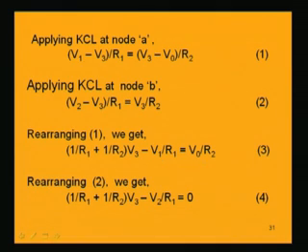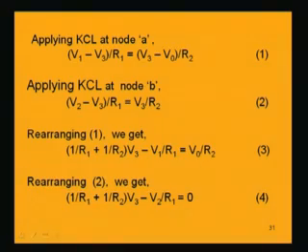I am transferring this to the right side and the term having V0 by R2 to the left side. So, equation 3 is the rearranged form of equation 1. Similarly, rearranging equation 2, I get V3 into 1 by R1 plus 1 by R2 minus V2 by R1 equal to 0.